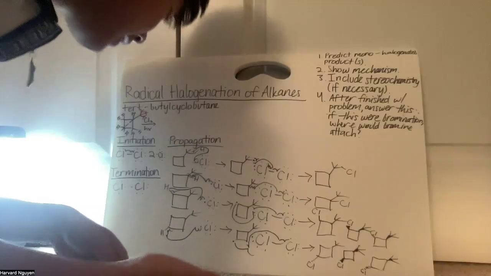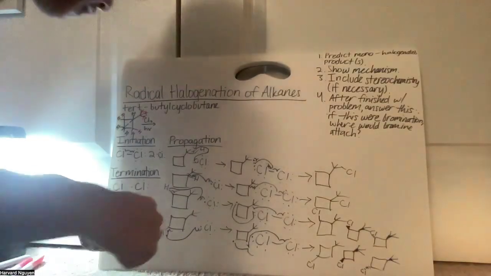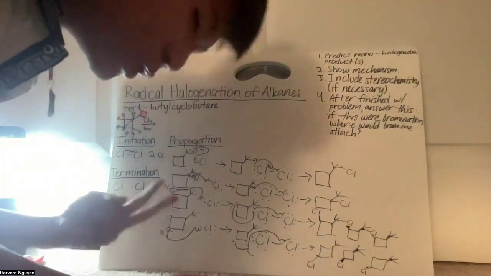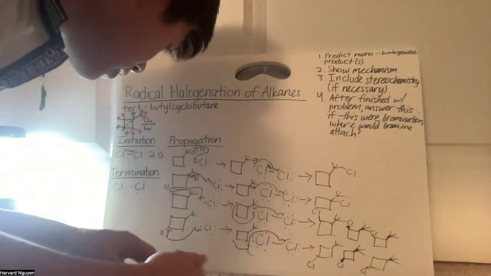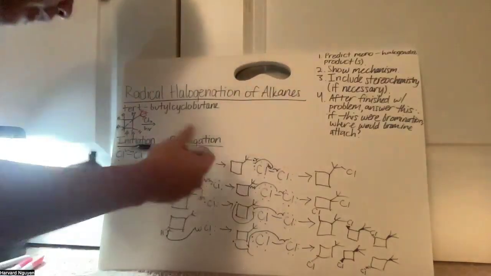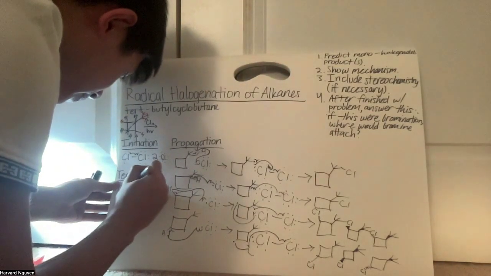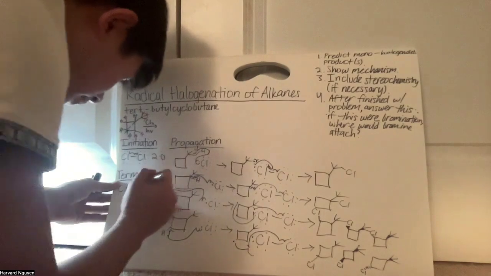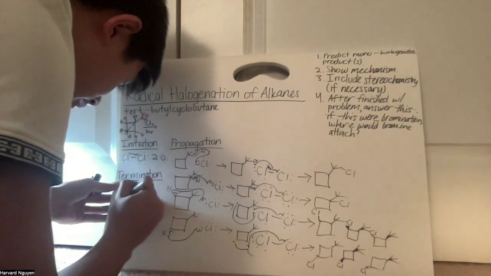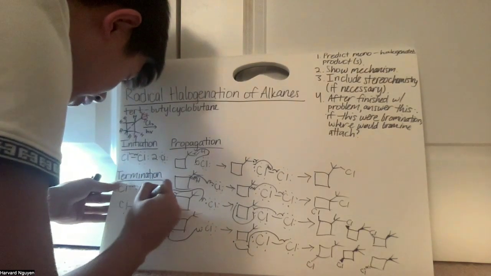All right, and the last step is termination, and that's when we have two radical species, and basically they're going to bond together to form a non-radical. They form a non-radical.